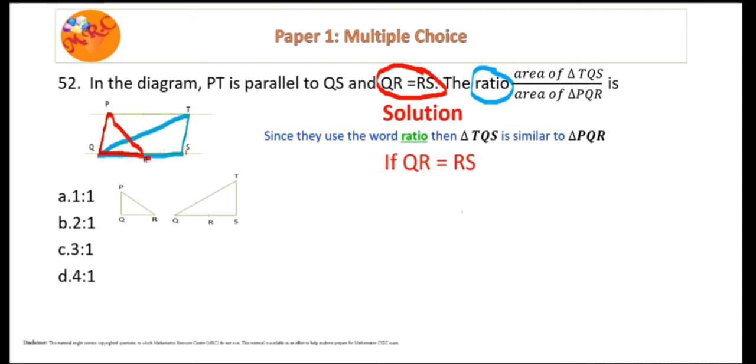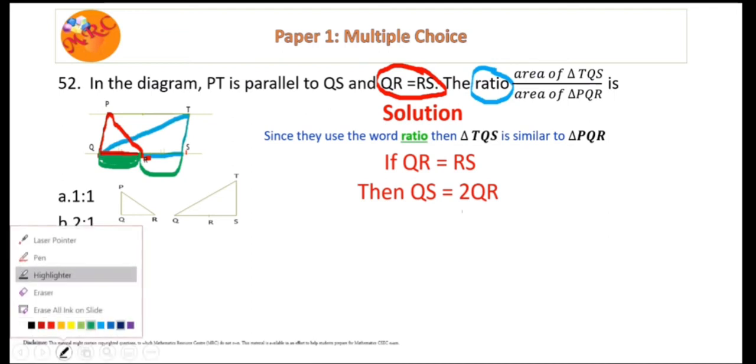So if QR equals RS, then that means QR would be half of QS. Or you could say QS is twice QR. If from here to here is the same as here to here, then this part only is going to be half of the entire line.